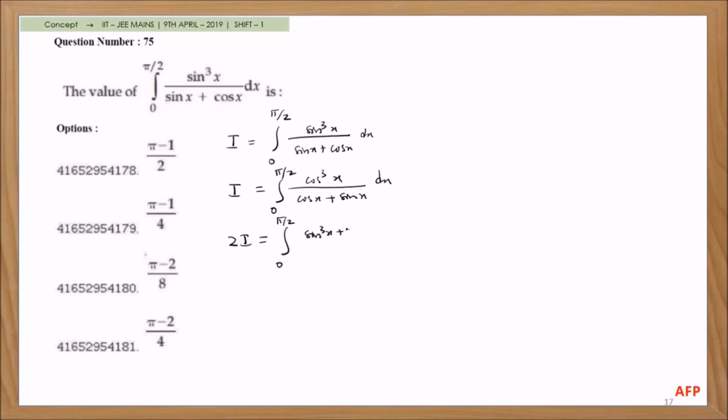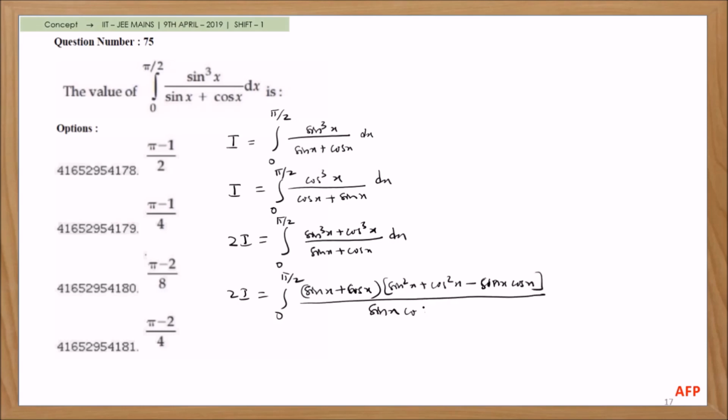sin^3 x cos^3 x divided by sin x cos x you got. 2I = integration 0 to pi by 2. So a^3 plus b^3 formula we can use. (a + b)(a^2 + b^2 − ab) we are getting, whole divided by (sin x + cos x) dx.